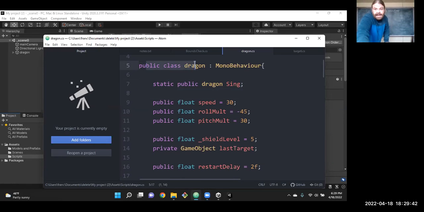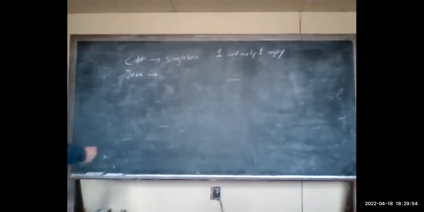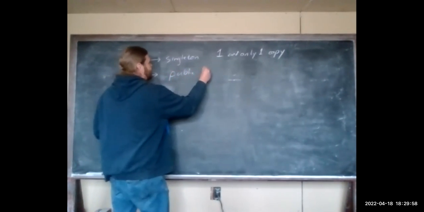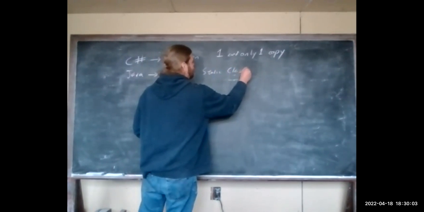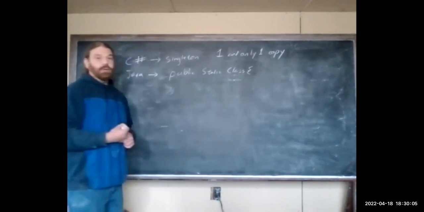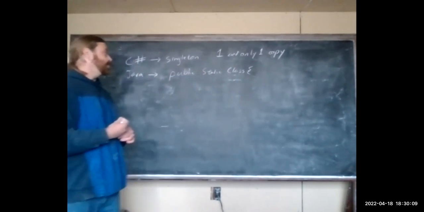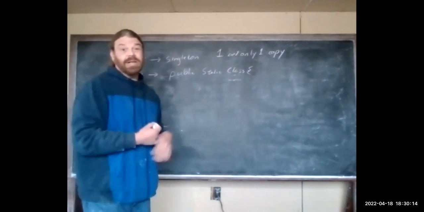We have a public class, and then we create a static instance of that class in C#. But in Java, we would actually do a public static class when we set it up. And then we can only ever make one and only one instance of that.